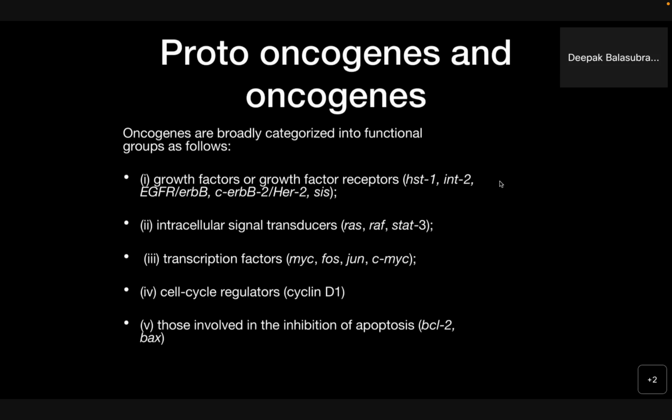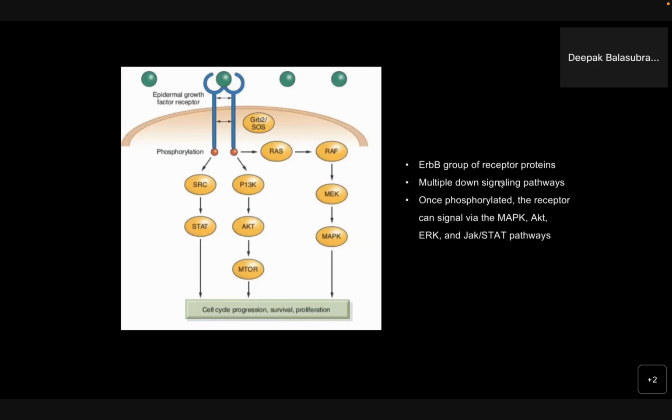Now, what are proto-oncogenes and oncogenes? Oncogenes can be classified into functional groups. There are growth factors or growth factor receptors, intracellular signal transducers, transcription factors, cell cycle regulators, and there are some mediators which inhibit the apoptosis of the cell. Now, the most common cell receptor type is the epidermal growth factor receptor.